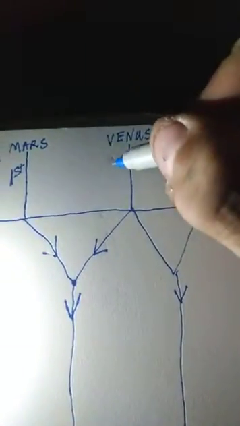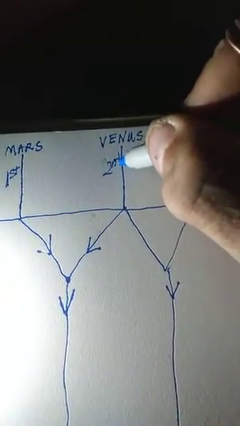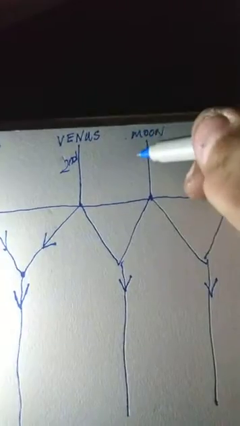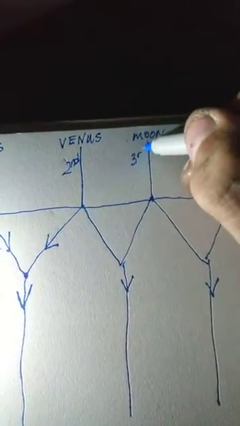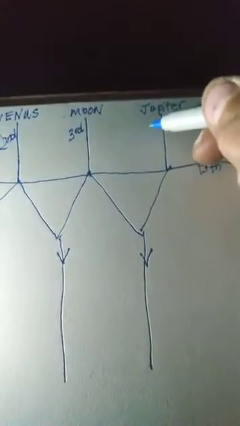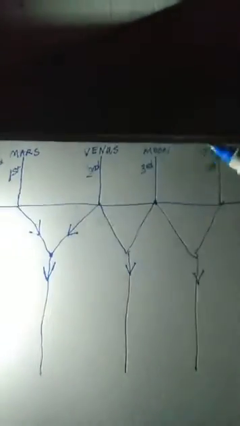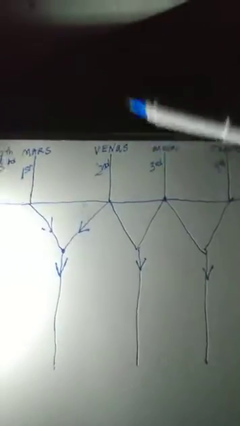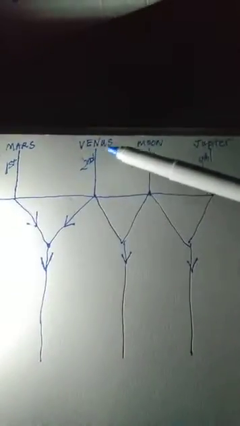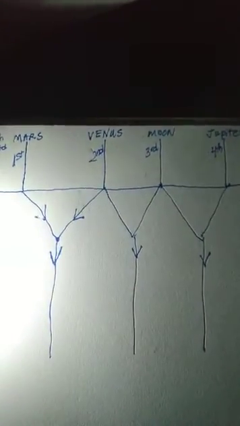I'm going to put here a second, and I'll put here a third and a fourth. So there's four energies on this first or 12th group. It's comprised of four energies: Mars, Venus, Moon, and Jupiter.